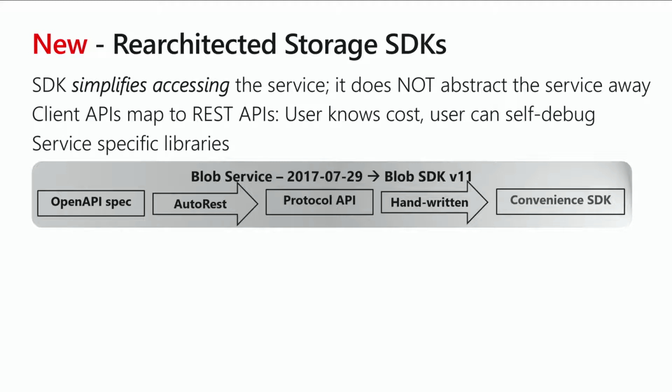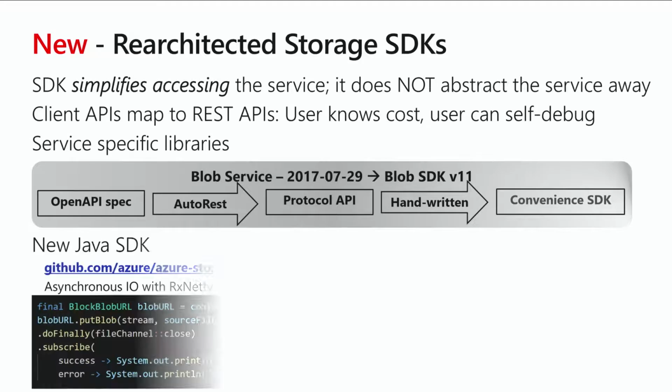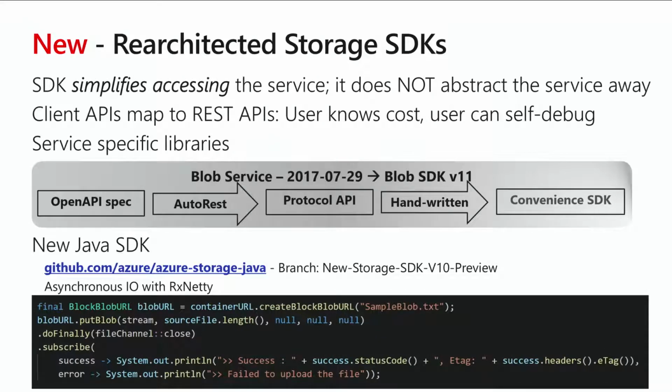We then add some handwritten code enhancements that we can release as a single convenience SDK. We have a Java and a Go version of this new SDK up and available on GitHub. An example of the Java SDK is below. We're actually doing asynchronous I/O with RxNetty, which is a popular framework for asynchronous I/O, and we're able to do it very cleanly and simply in the Java framework with this new SDK.